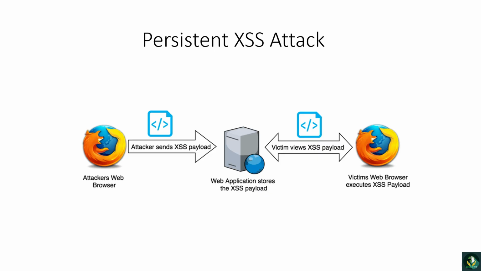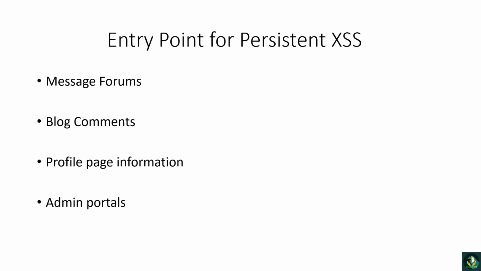So, this diagram assumes that the attacker has already discovered a persistent cross-site scripting vulnerability on the target web application and has a way of tricking or ensuring the victim will visit the page containing the persistent XSS payload. A typical entry point for persistent XSS requires user supplied input to be stored on the application, because it makes it persistent and it renders within the page.